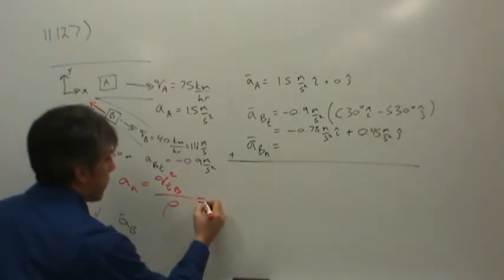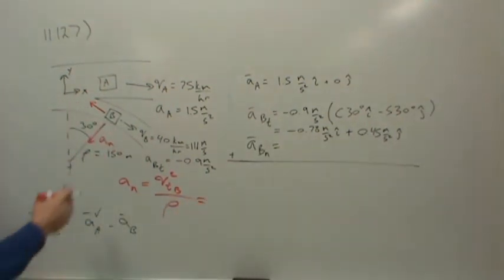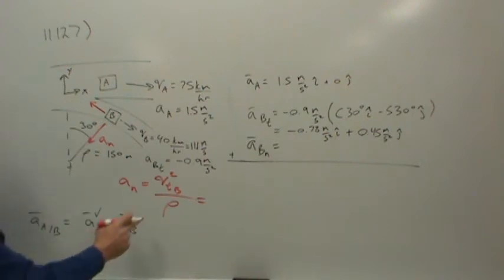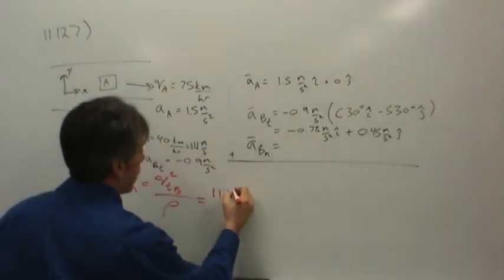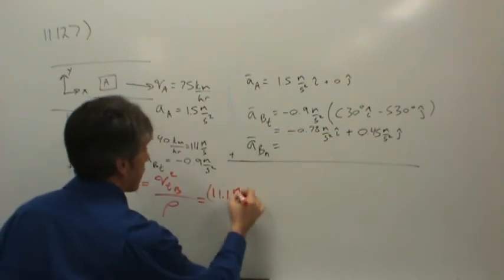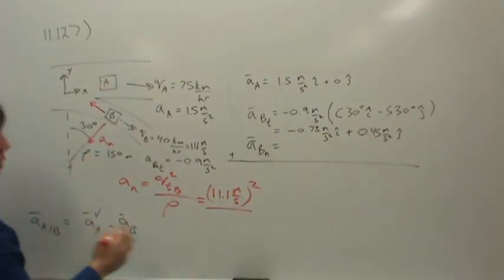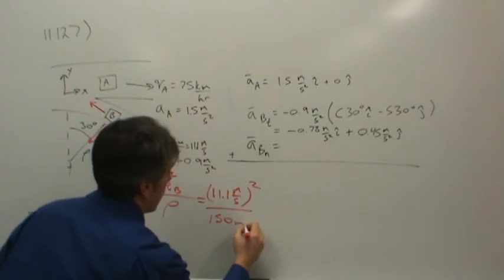So let's figure out the magnitude of the normal acceleration, then we'll resolve it onto the coordinate system, just like we did the tangential acceleration. So the tangential velocity of B, that's the 11.1 meters per second, which will have to be squared. The radius of curvature is 150 meters.